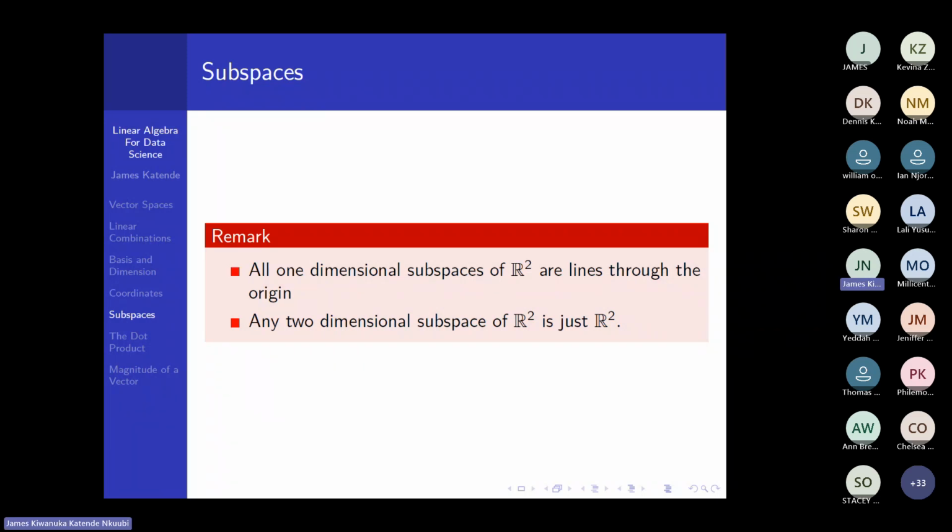The reason for that is that we saw earlier that R2 is a two-dimensional vector space, and that any two linearly independent vectors in R2 will form a basis for R2. So if you, by any luck, come across any two linearly independent vectors, their span will be the whole of R2. And therefore, any subspace of dimension 2 must be R2.